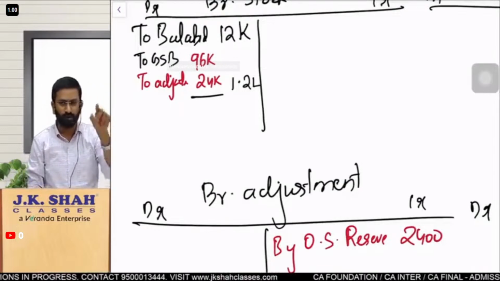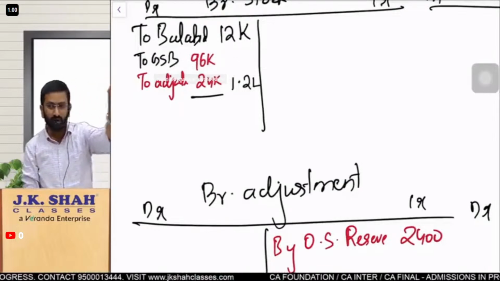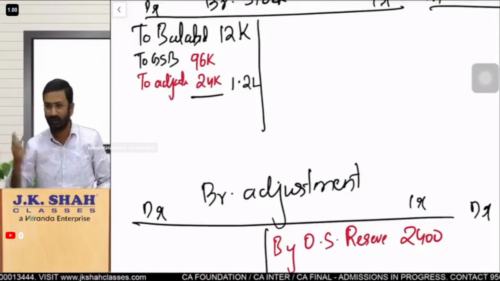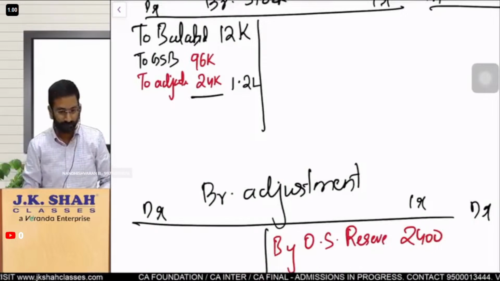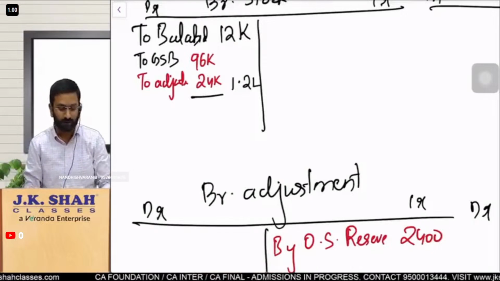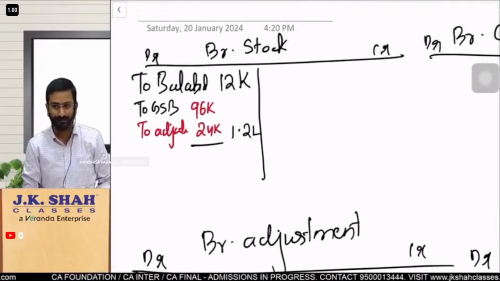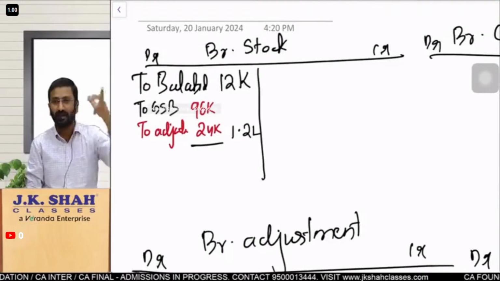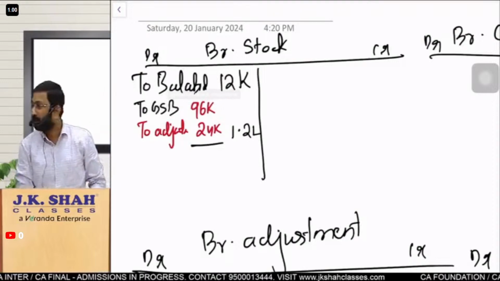What will you post here? Branch stock is debited, to GSB, to adjustment. The journal entry has to be posted. What is the posting in other accounts?